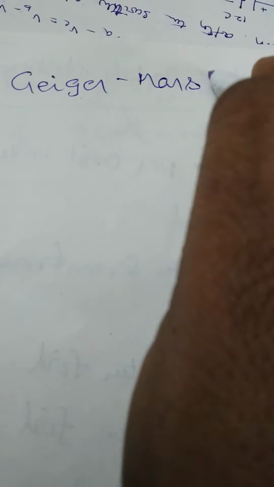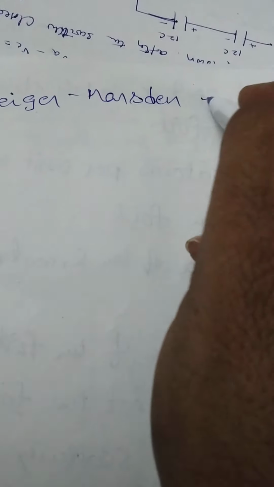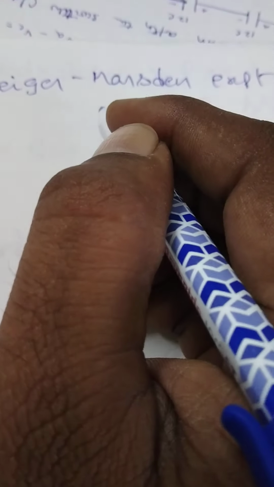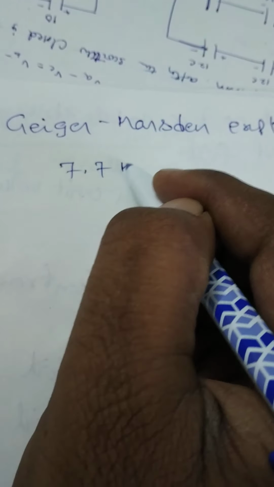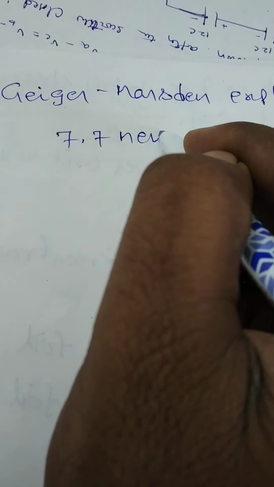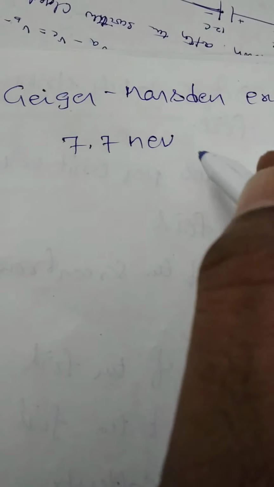Next, the second problem. In the Geiger-Marsden experiment, find the value of the distance of closest approach to the nucleus of a 7.7 MeV alpha particle before it comes momentarily to rest and reverses its direction.